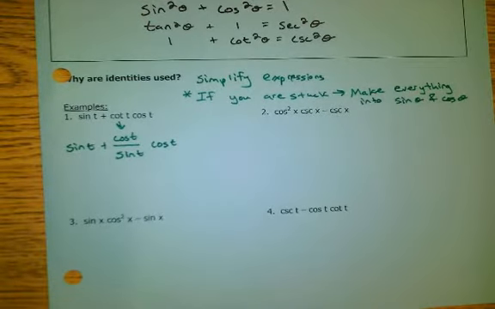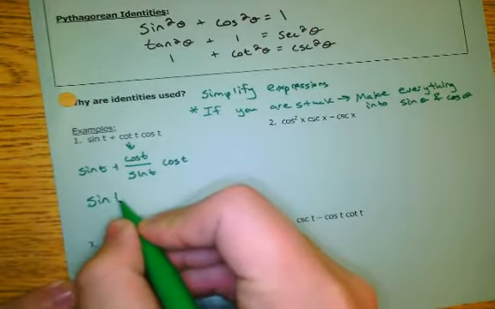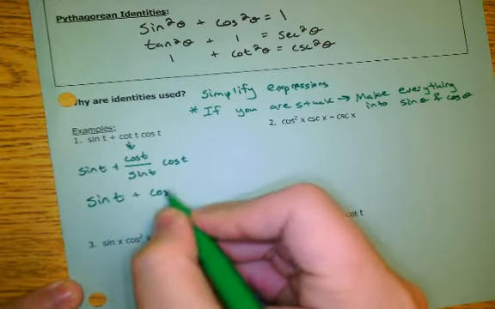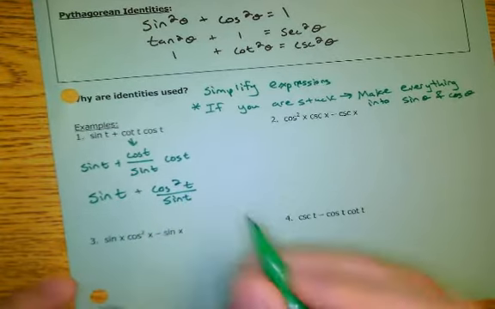Okay, let's simplify this a little bit further. How would we simplify this further? You do cosine times cosine? That's great. So you're going to get cosine squared of t over sine of t.